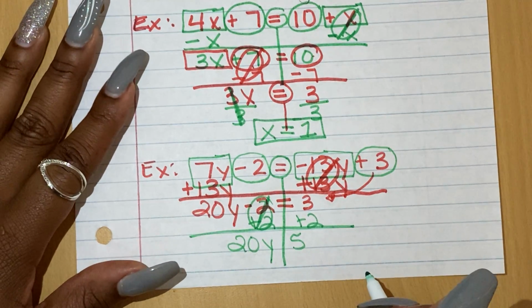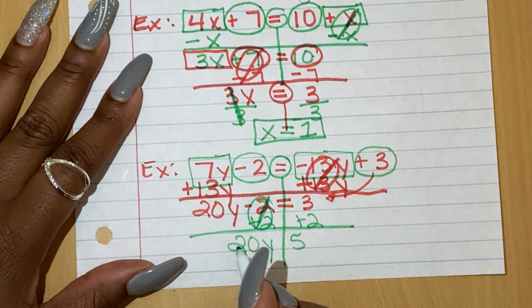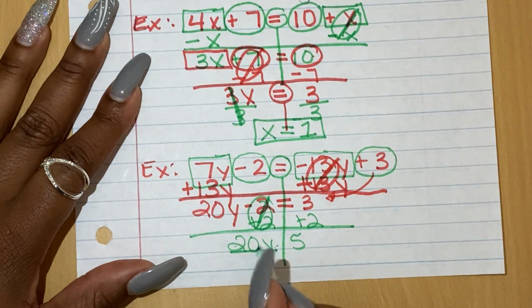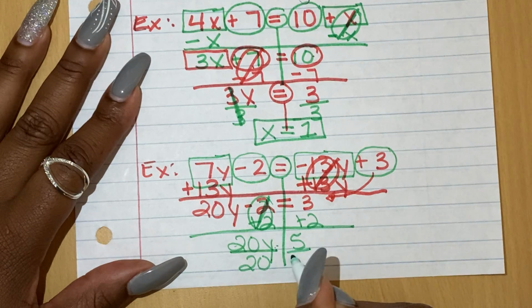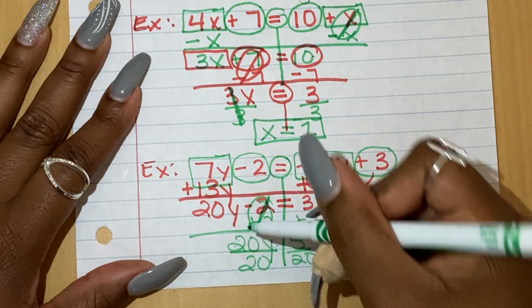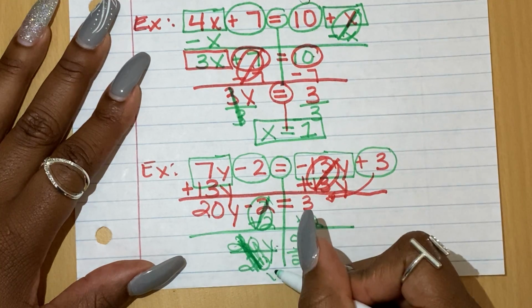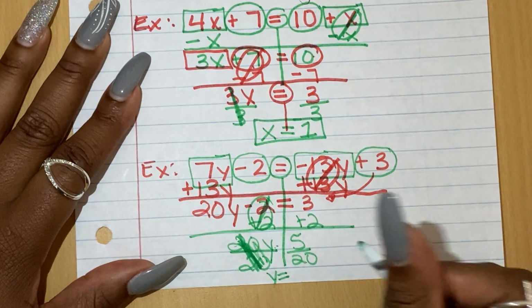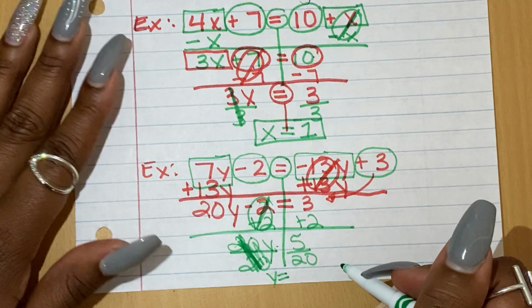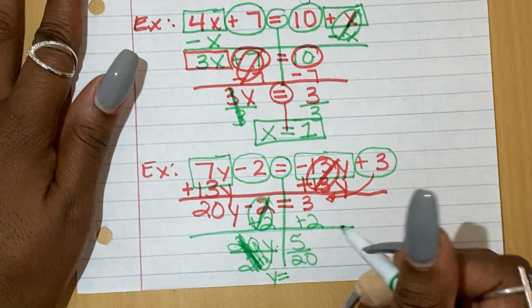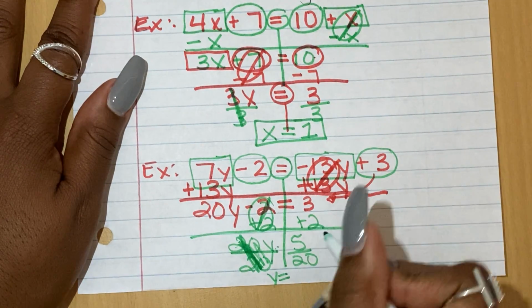To completely isolate the variable, I need to divide both sides by 20 because that 20 is being multiplied by that y. 20 divided by 20, they cancel out. They become 1. I'm left with y on that side. 5 over 20. I can simplify this fraction, and we're going to simplify before we write our answer.